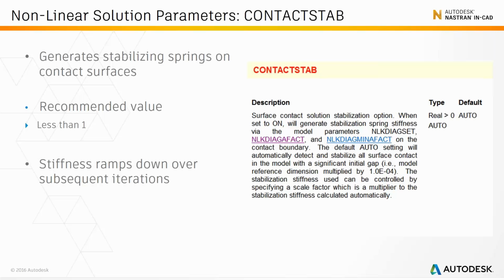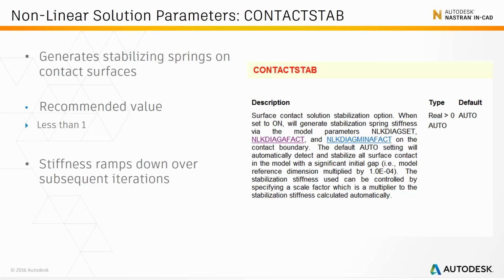The next one is contact stab, and maybe as the name suggests, this is around stabilizing the contact, and it's a parameter that does that. So on each contact surface, and contact surfaces only, it's going to add very weak springs to hold the surfaces in place. And it holds them in place just until contact.